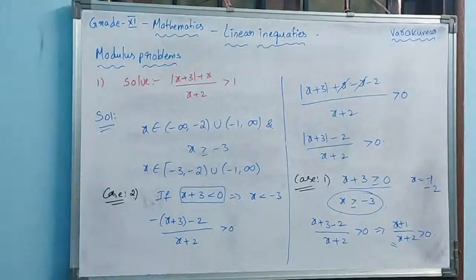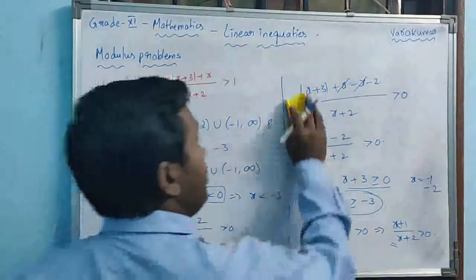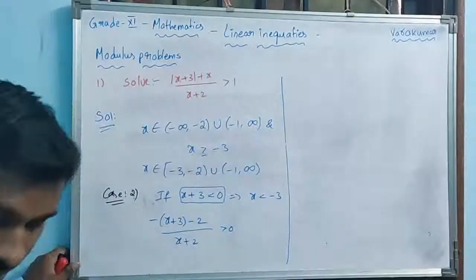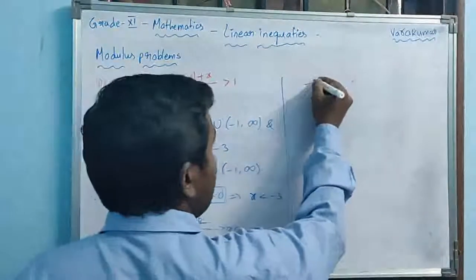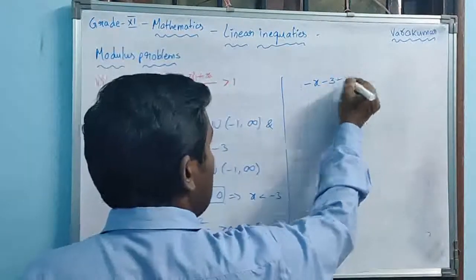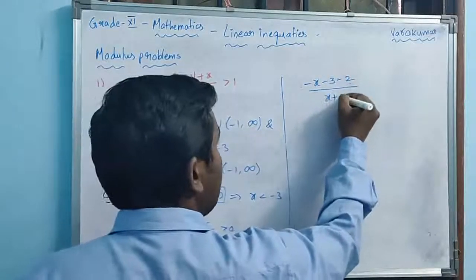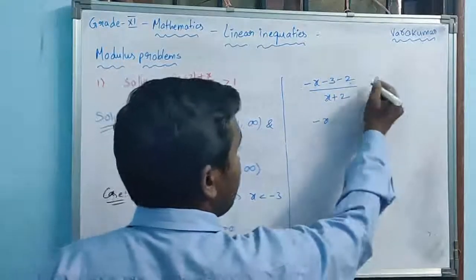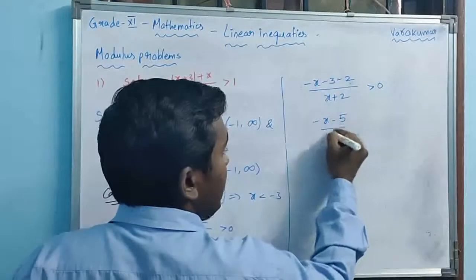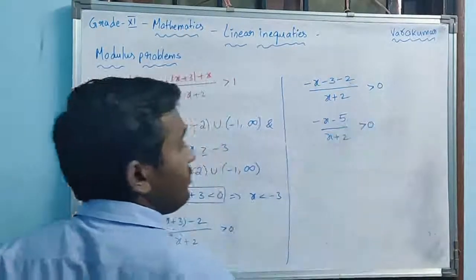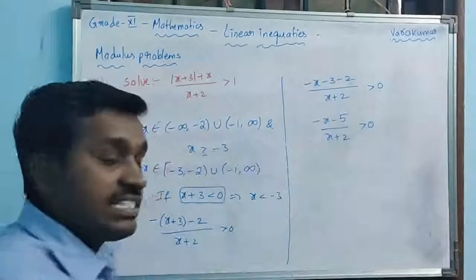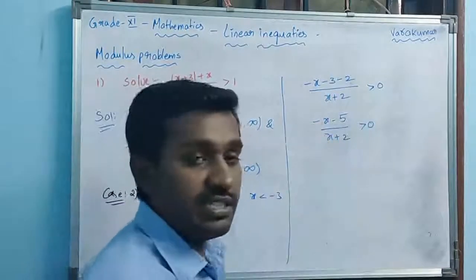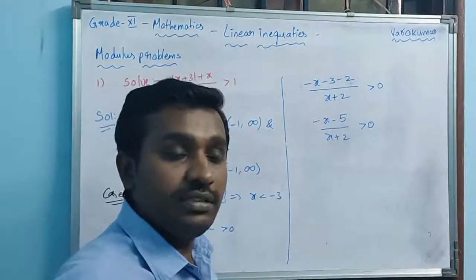Simplifying, we get (-x - 3 - 2)/(x + 2) > 0, which is (-x - 5)/(x + 2) > 0. As I insisted in the last class, ensure that the coefficient of x is positive.